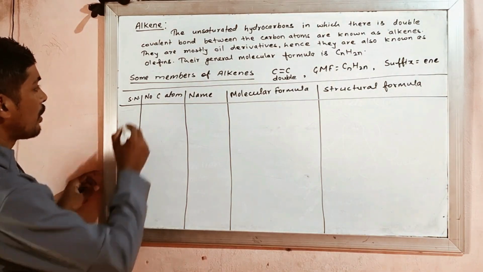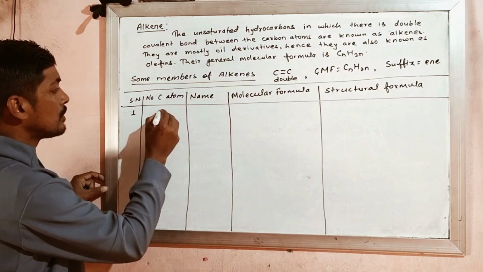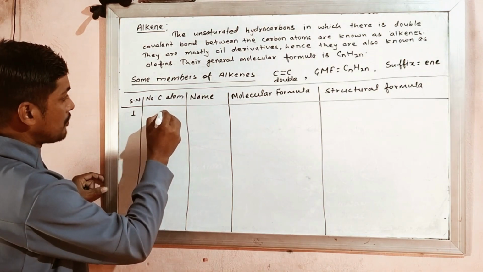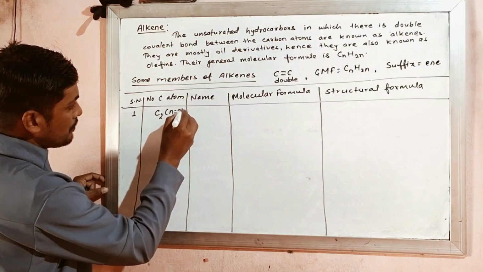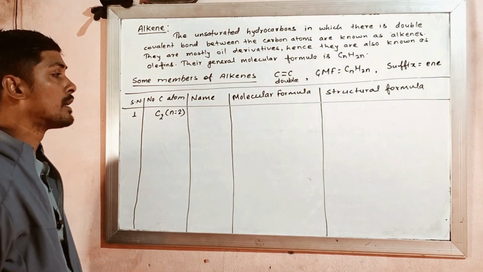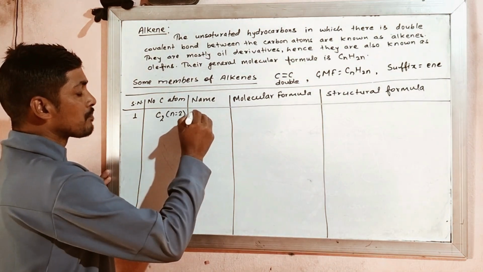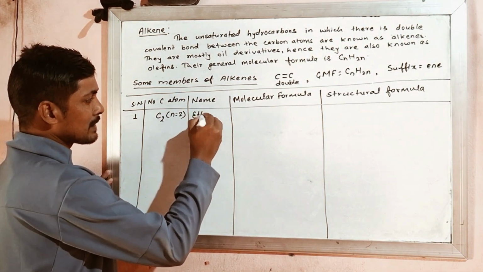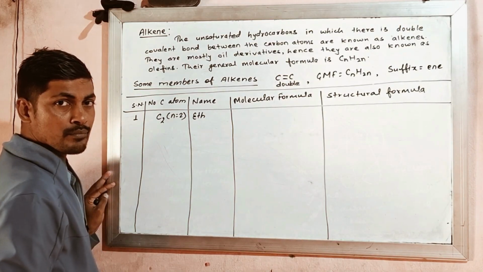Now the first member of alkene contains two carbon atoms, C2, n is equal to 2. If there are two carbon atoms in any hydrocarbon, the name is eth, and what suffix do we have to use here?